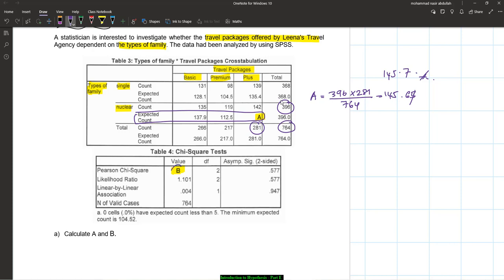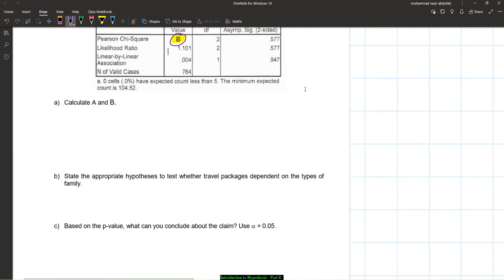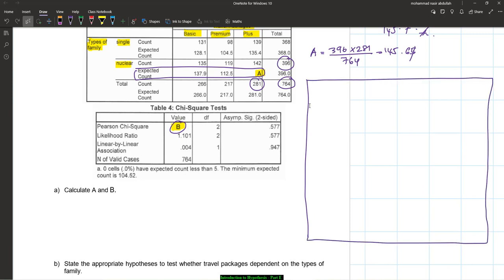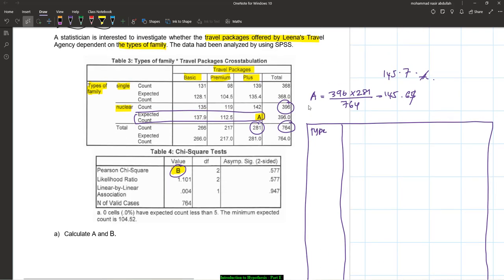To calculate the value of B, we need to create a table. I'm not going to proceed with the table, but I'm going to show how we create a table. This one should be the type of travel package, so we can easily copy the table to long format.